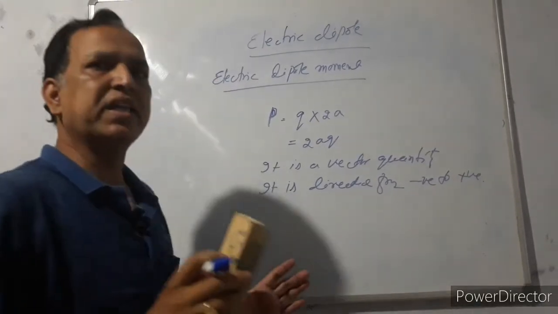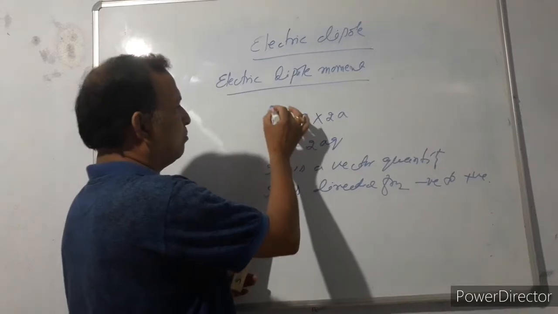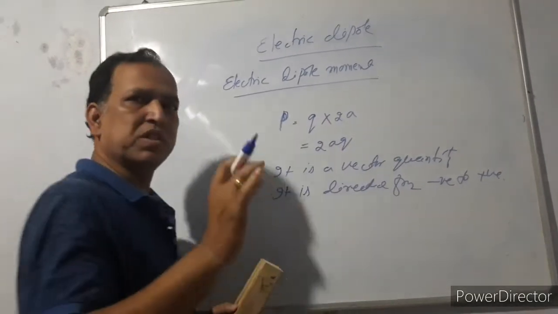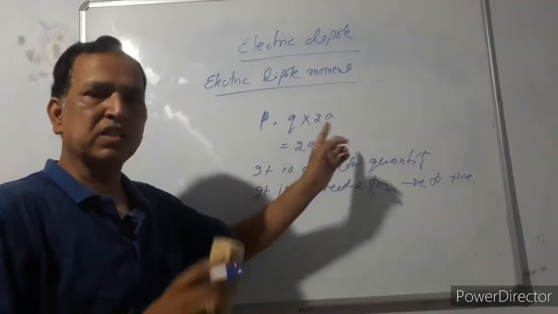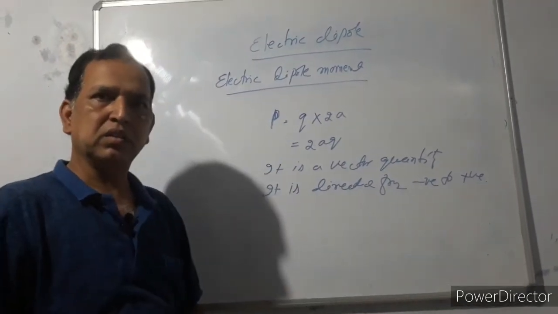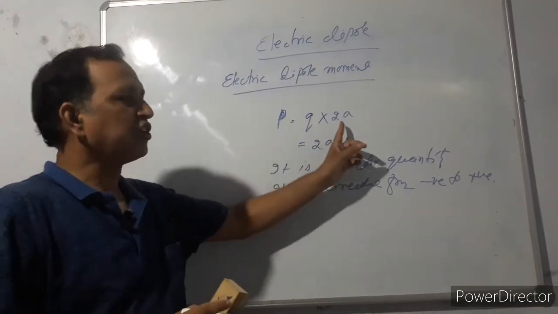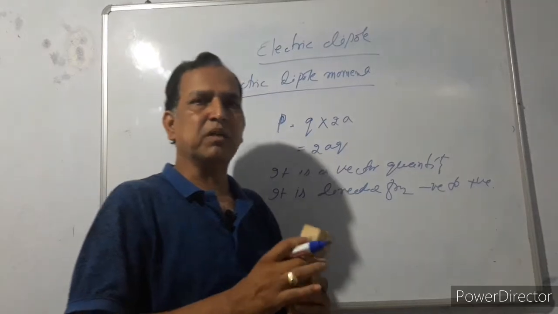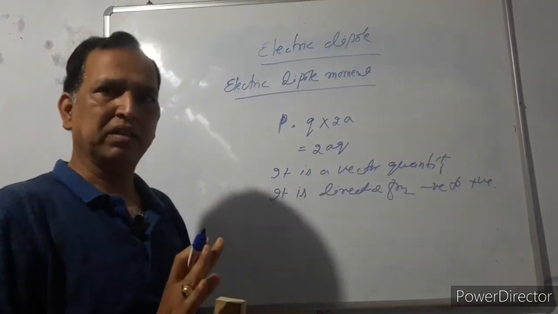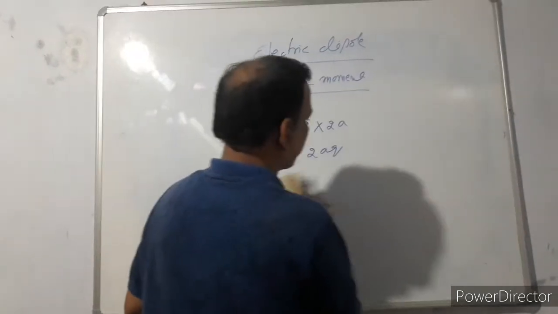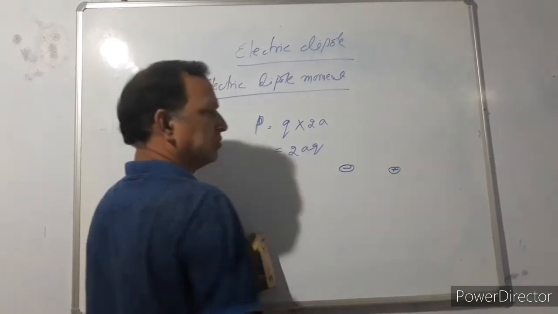First, why is it a vector? Because q is charge, which is scalar, and 2a is distance, which is also scalar. But p is a vector, because if the distance is converted to displacement, then it is a vector.